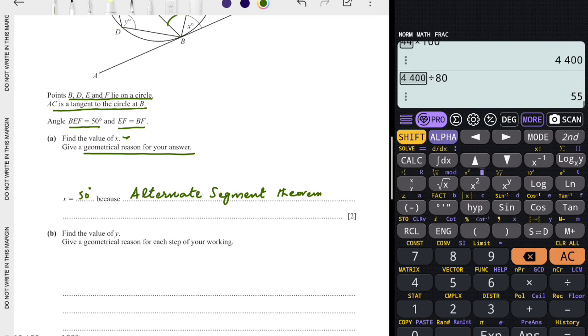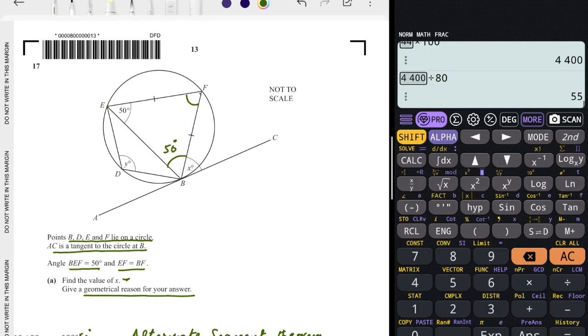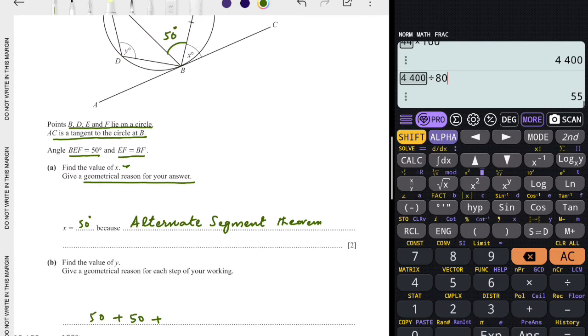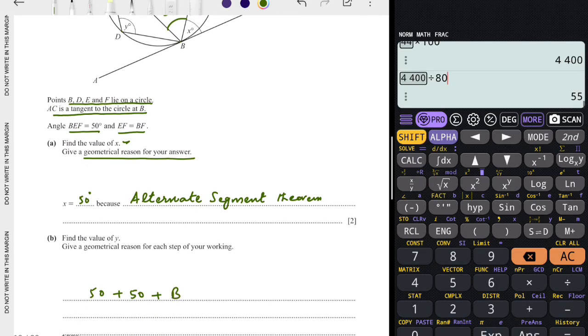So we have to do some working here: 50 plus 50 plus angle BFE is equal to 180 degrees.